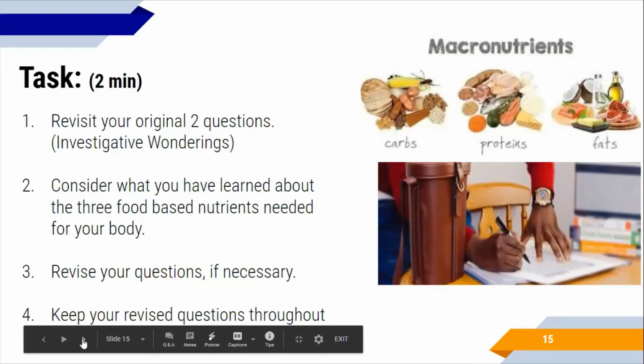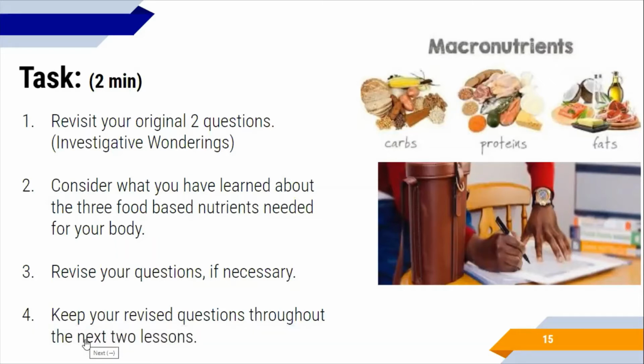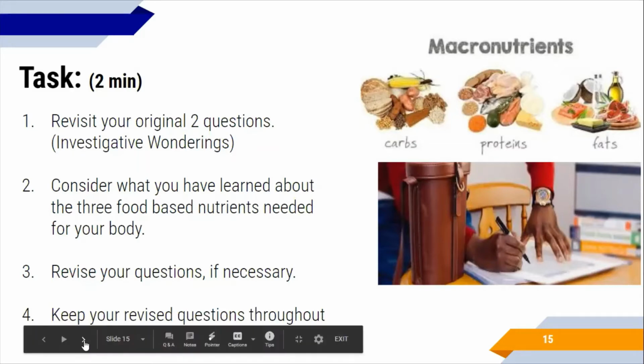You're going to revisit your original 2 questions, which we're calling investigative wanderings. You're going to consider what you've learned about the 3 food-based nutrients needed for your body, and you're going to revise your questions if you see it necessary. You have 2 minutes.